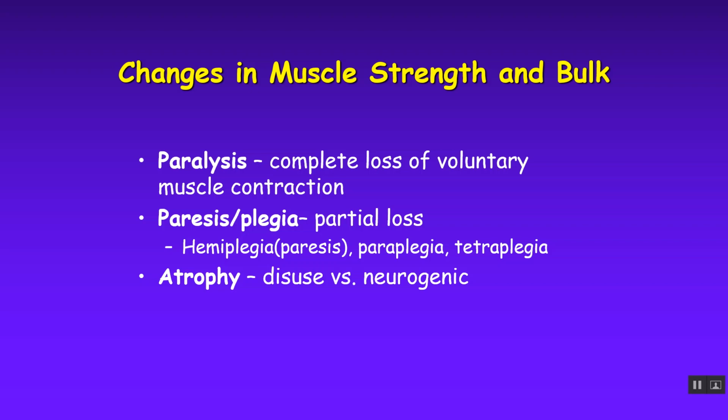You'll see atrophy typically. Anytime you have loss of strength, eventually you're going to get some atrophy, so you're going to get loss of bulk. Some of that is due to the actual loss of the neurologic input to the muscle. You lose that neurologic input, and that will cause weakness. But another portion of that can be disuse. If somebody is hemiparetic or plegic, they'll have a loss of function from the nerves being damaged and the pathways to those muscles.